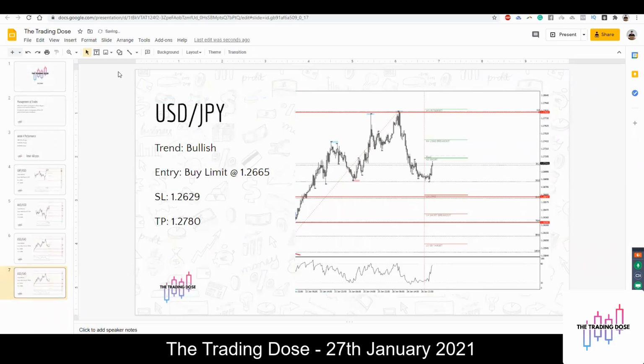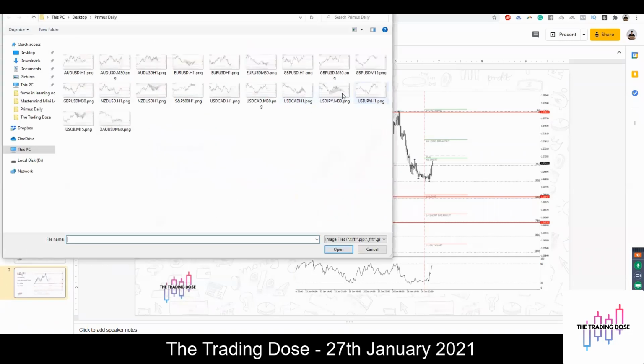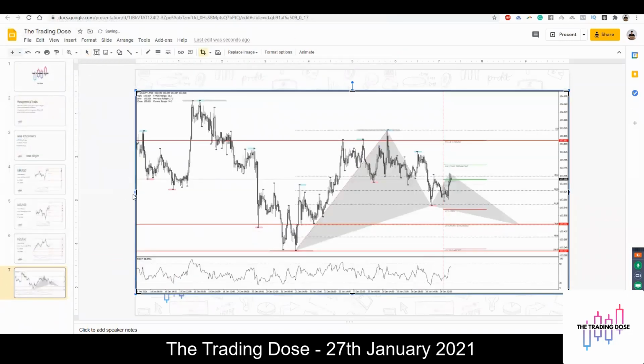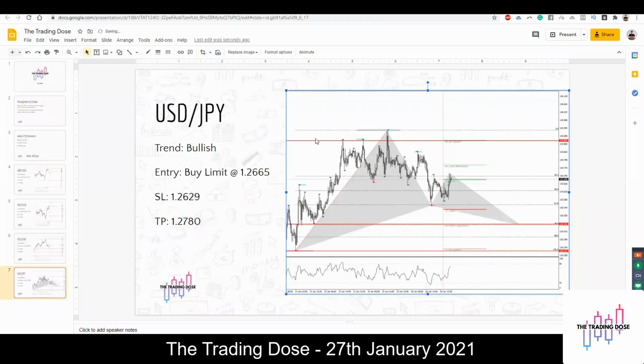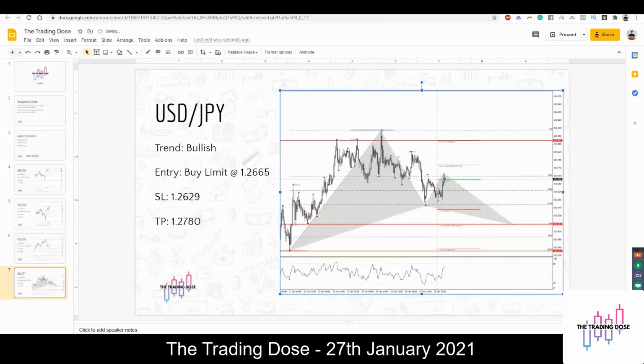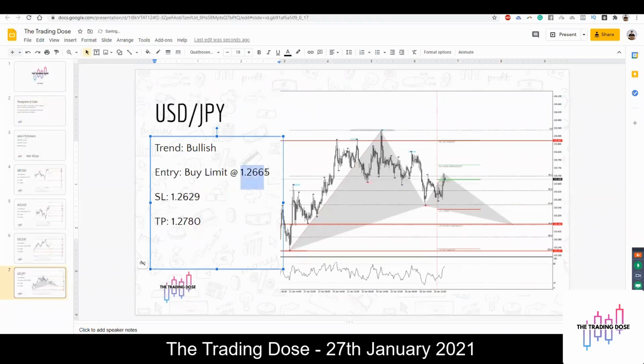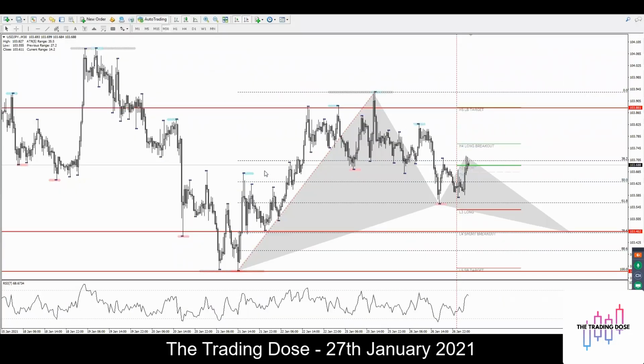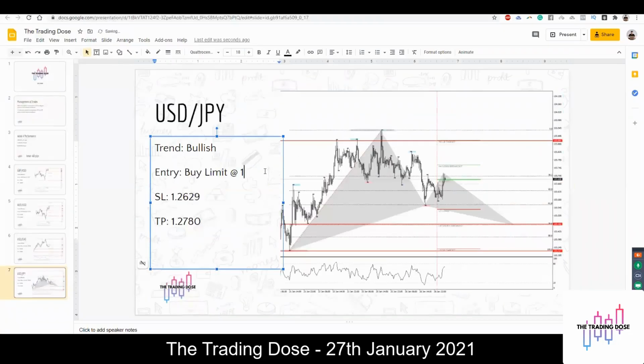So we change the image to dollar yen. All right, so this is a Gartley pattern. The entry is around 103.46.